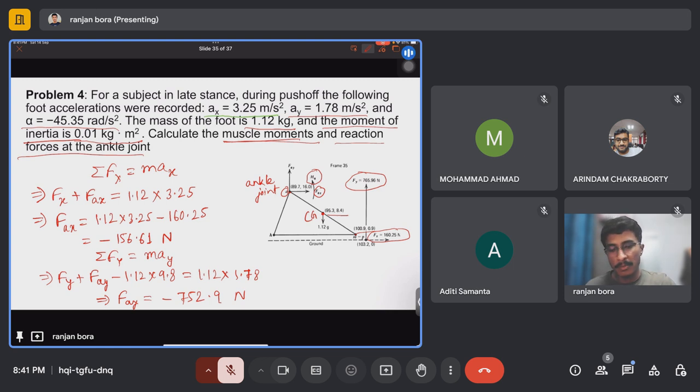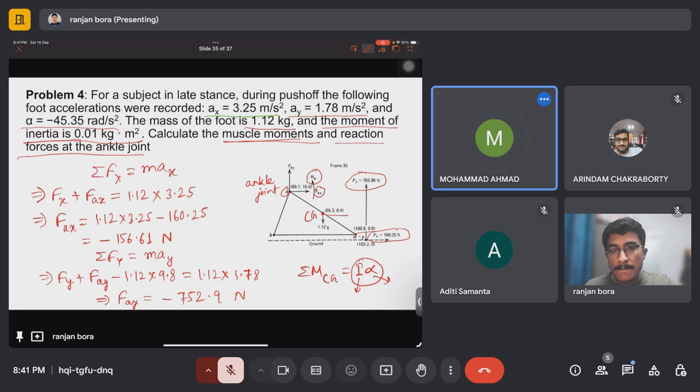So we will do the moment equilibrium about point CG equal to I alpha, because this I is already given in the question and alpha is also given, and these two values are with respect to point CG. Is it clear?